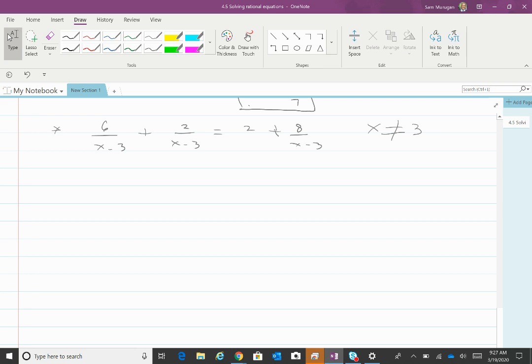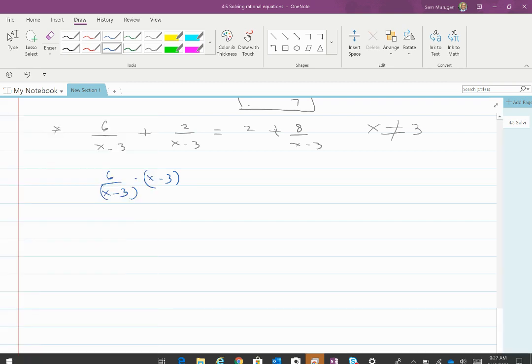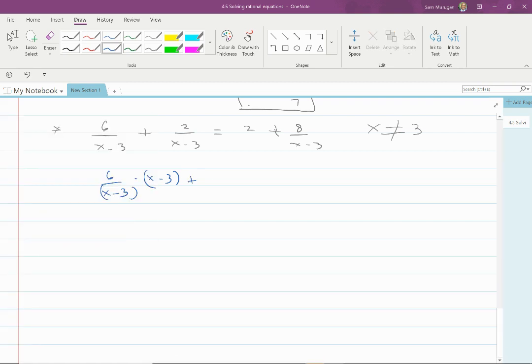All right, let's go ahead and follow the process here. We're going to multiply everything by x minus 3 to clear the denominators. Remember to multiply every single term by x minus 3.